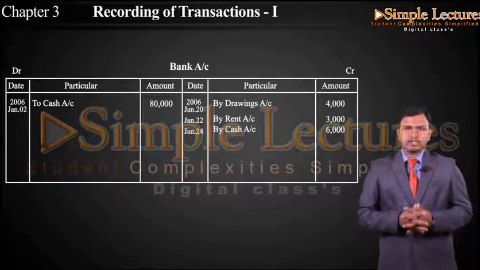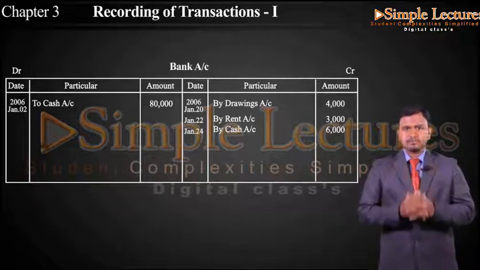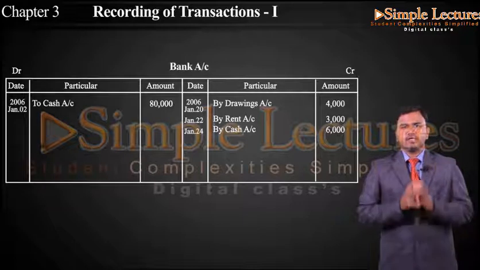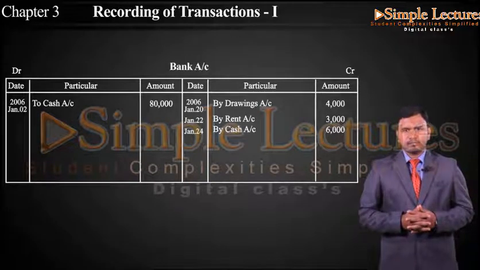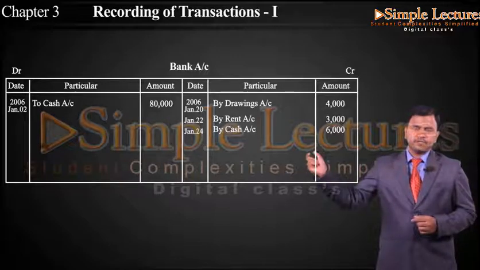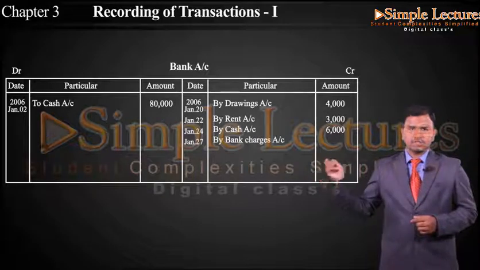Let us see the next transaction which we have on Jan 27th. Bank charges account debtor to bank account. Again the bank charges were paid by the bank. So again this entry will be taken in the credit side. The date will be Jan 27th and the entry will be by bank charges account in the amount column 200.